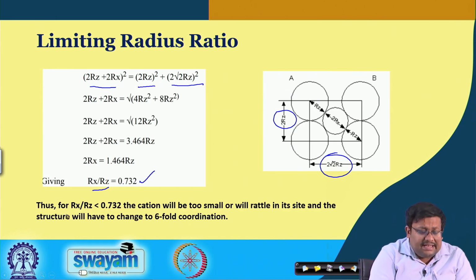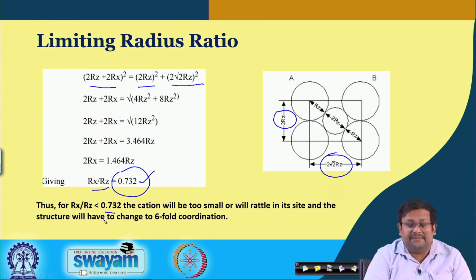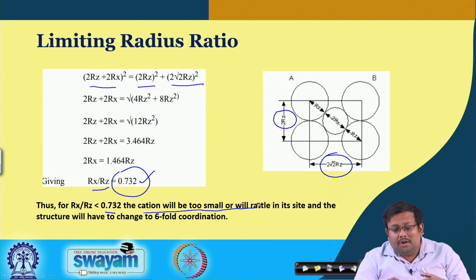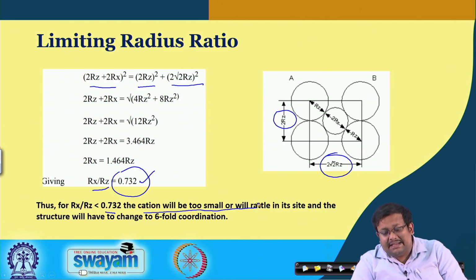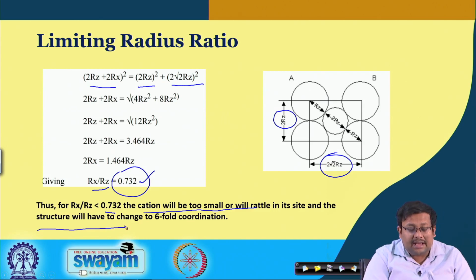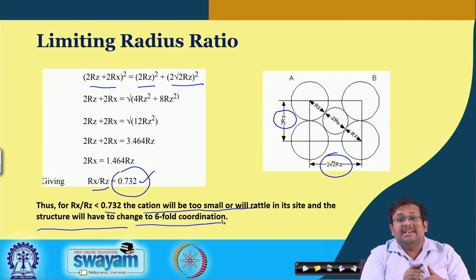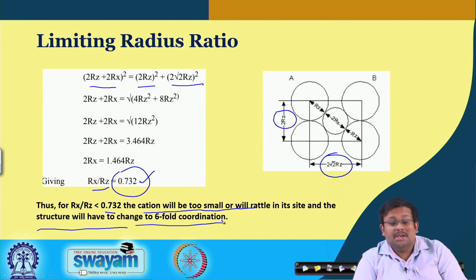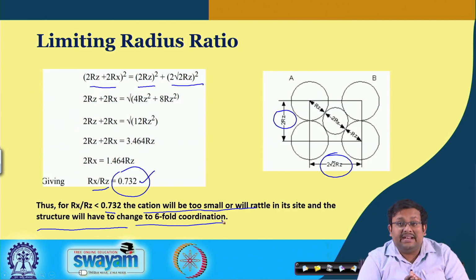So, this ratio, 0.732, is the cutoff, and if the radius ratio goes below 0.732, the cations will be too small and will rattle in their site, and the structure will collapse, and then it has to change to a 6-fold coordination. So, this is the implication of limiting radius ratio.